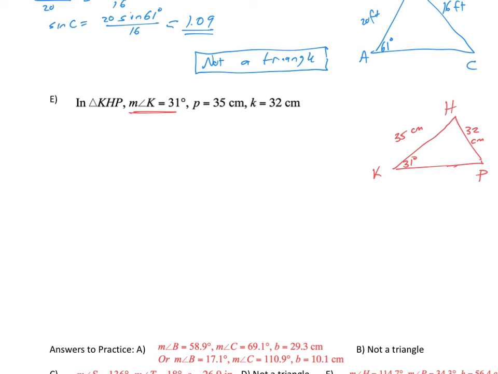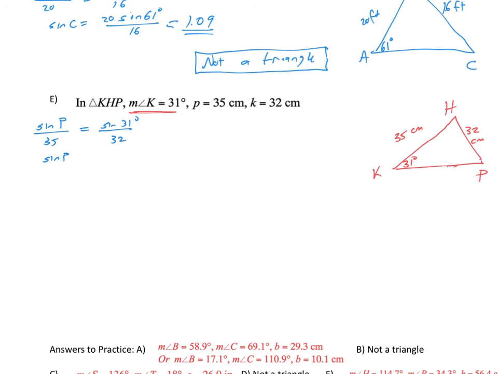So we will begin by solving for angle P, because we know the side opposite, which is 35. So let's set up law of sines. So sine of angle P over 35 is equal to sine of 31 degrees, which is angle K, over side length k, which is 32.